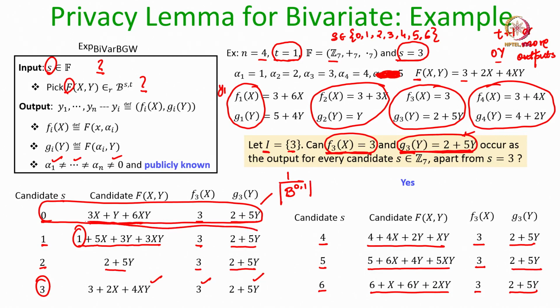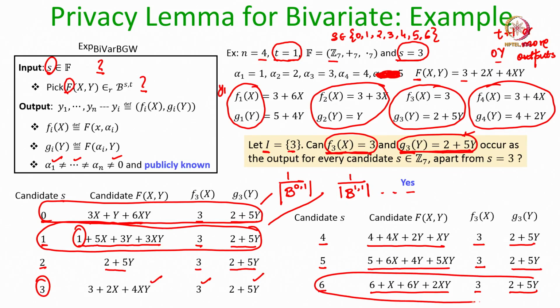The second possibility is again 1 over the size of all possible bivariate polynomials with 1 being the constant term, where the degree of the bivariate polynomial is 1 and where the bivariate polynomial is over the field Z7. And like that, if I take the last case, the probability of this occurring is 1 over the cardinality of all possible degree 1 bivariate polynomials over Z7 with 6 being the constant term.